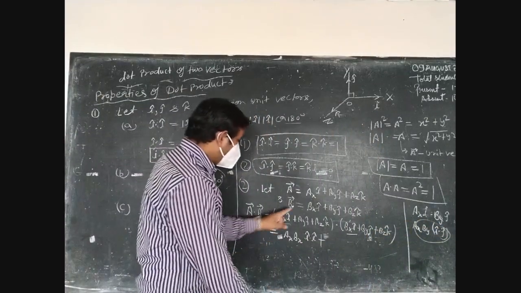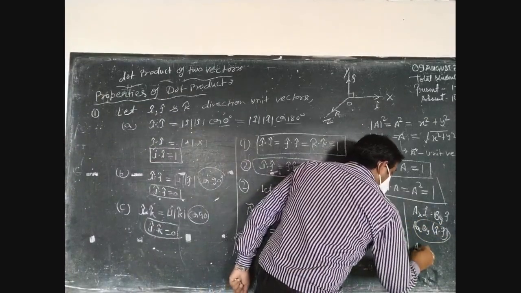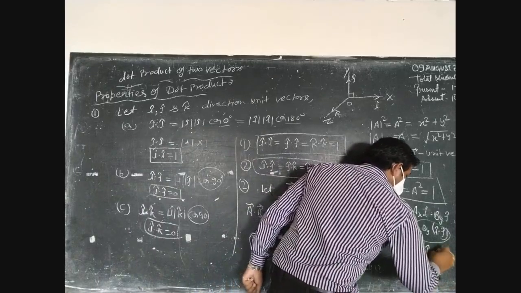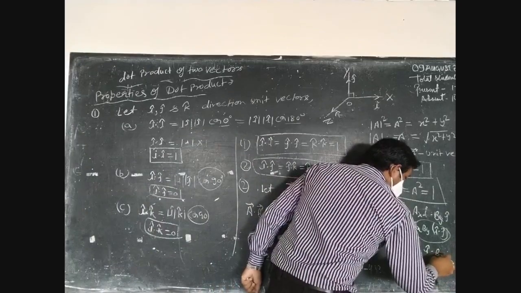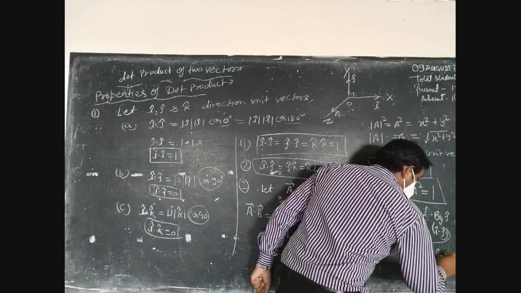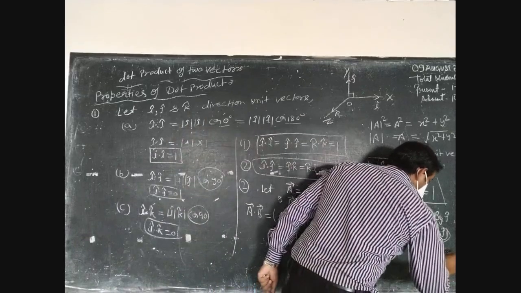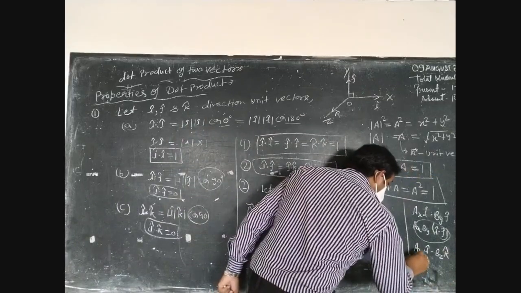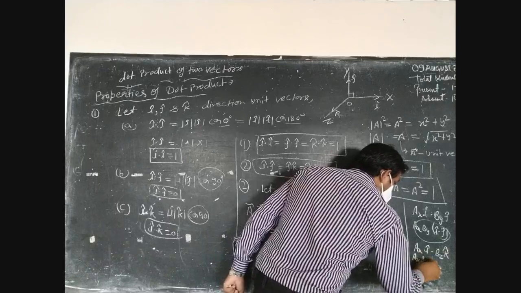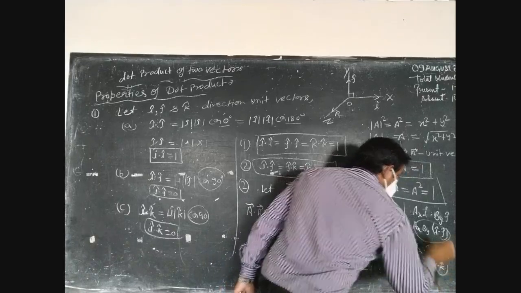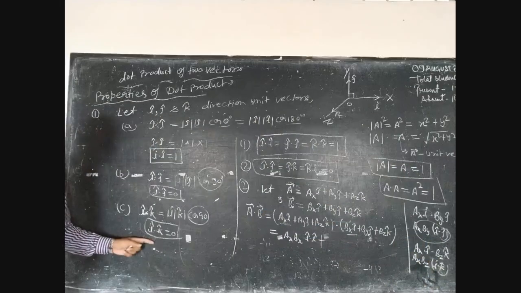Similarly, when you multiply ax i cap dot bz k cap, you will get ax bz i dot k, and from the same result this i dot k is 0.